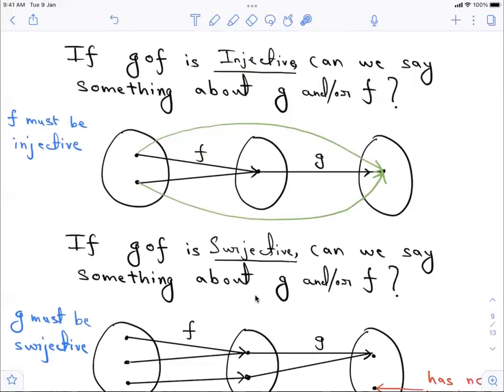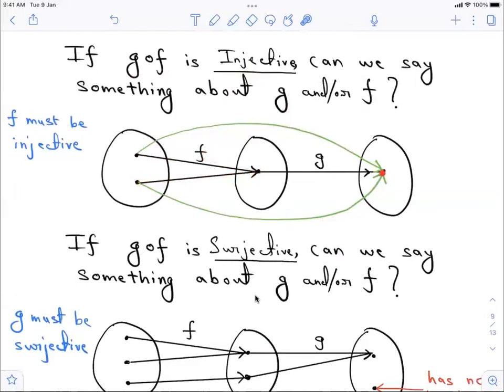Why is that? If the first function F is not injective, then we have something like this going on. F is not injective, so these two inputs have a common output, and this has an output here. So in the end, these two distinct inputs will have a common output in the final set Z, right?